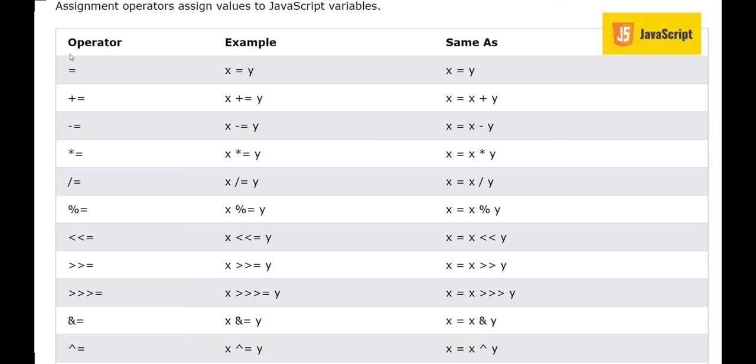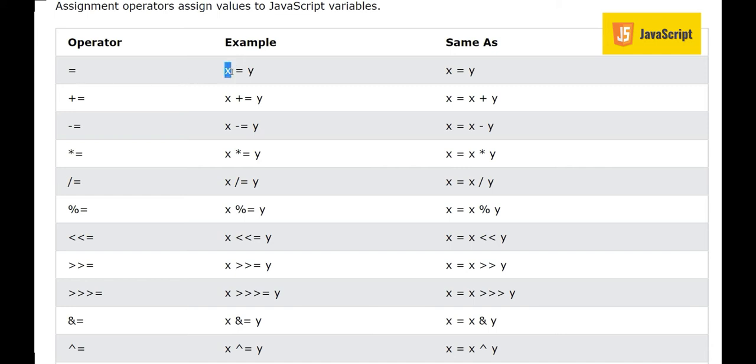On the left column is the operator, then we have the example, and the "same as" column in the middle shows what the shorthand actually means. The equal to sign, as you know, is the most common assignment operator.